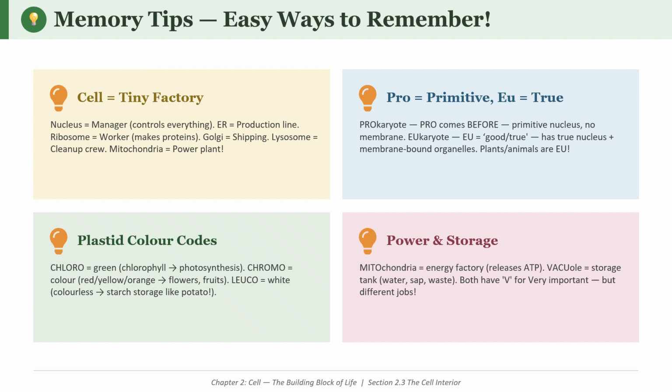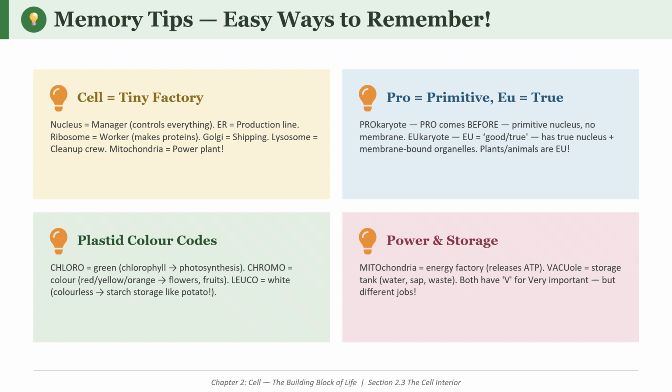The endoplasmic reticulum is the production line. The Golgi apparatus is like a modifying, packaging and shipping unit. Lysosomes are the cleaning crew, mitochondria act as the power station, and the vacuole acts as a storage tank. So this comparison helps you to understand the coordination among the organelles.